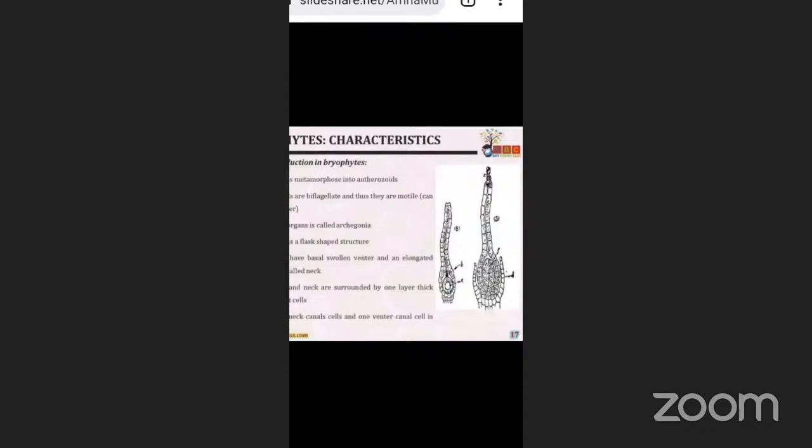This meristematic tissue grows continuously. The capsule has a sterile multilayered jacket. Next is the Bryopsida.